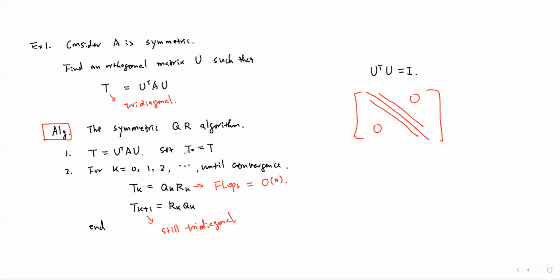The second case: how about a general matrix? How do we improve the computational cost for a general matrix? Example 2. Okay, A now is a general matrix.